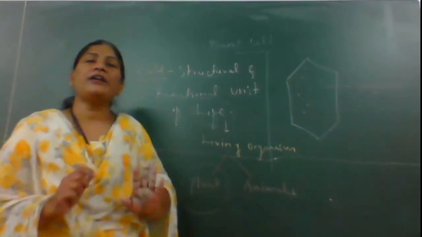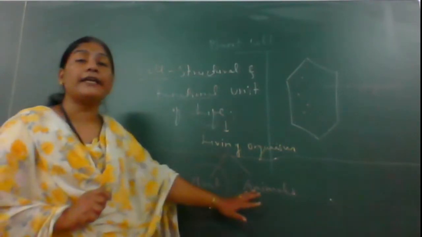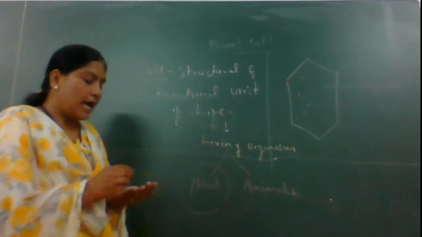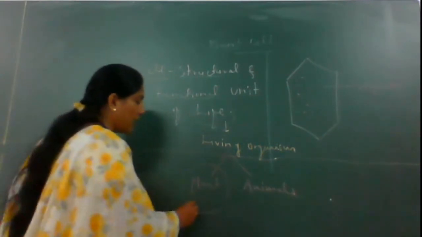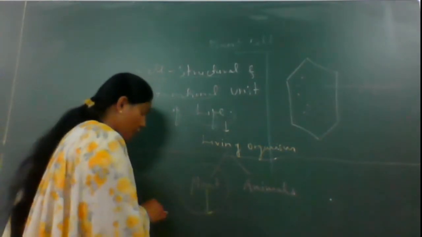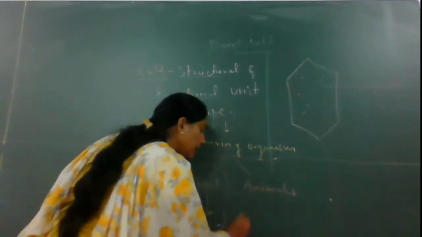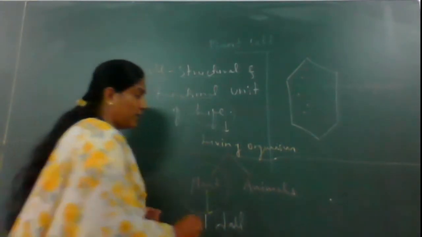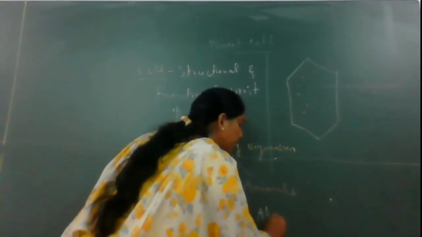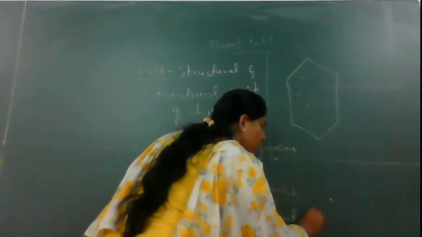There is a unique difference between the plant and animal cell: in the plant there is a well-developed cell wall, but in the animal cell the wall is completely absent.